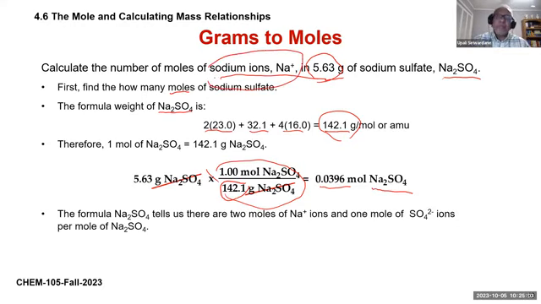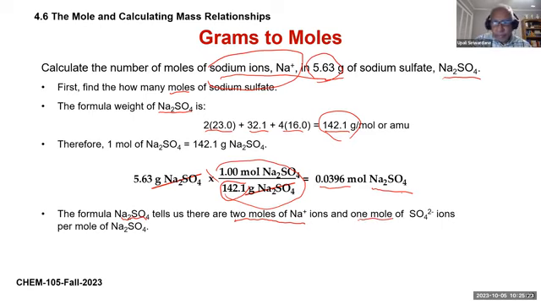But the question is, how many sodium ions are in there? If you look at the formula of sodium sulfate, there are 2 sodium ions. 1 mole of sodium sulfate contains 2 moles of sodium and 1 mole of sulfate.